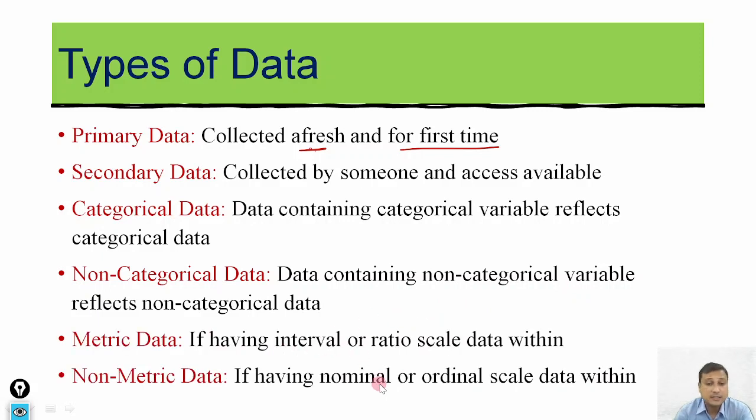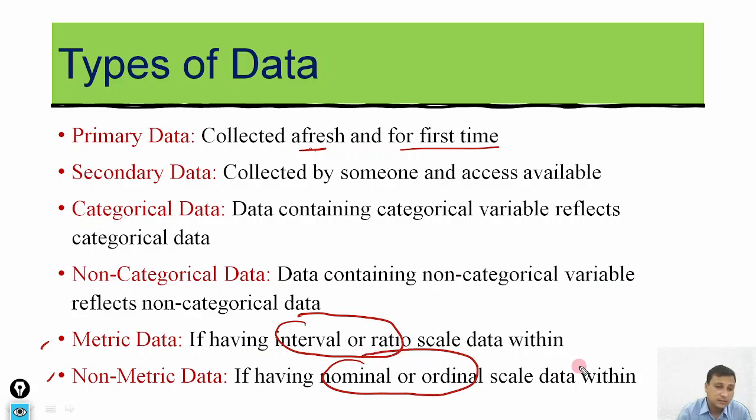Then metric data, this is very interesting and very important also. Metric and non-metric data: if you are having interval or ratio scale data within, then that data is known as metric data. Whereas in non-metric data, if we are having nominal or ordinal scale data within, then it will be known as non-metric data. To understand this better, in the next lecture we are going to see the measurement of the scale.